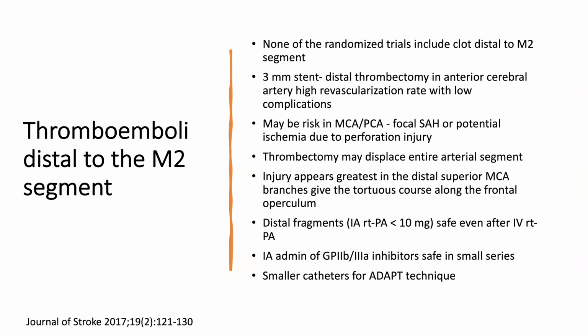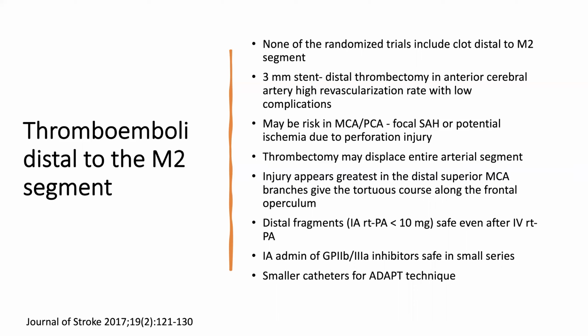So thrombectomy for distal to M2 segments. I mean, none of the revascularization trials actually looked at M2 segments. We usually put a 3 to 4 millimeter stent retriever distal in the anterior cerebral artery. There's a high revascularization rate with a low rate of complication. The retriever is usually fine with a little bit of a distal aspiration catheter.